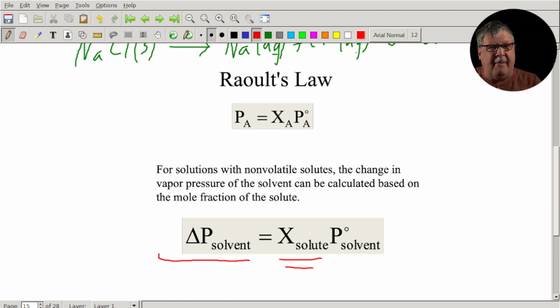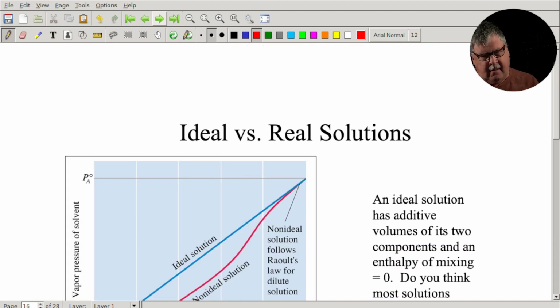We just got through talking about intermolecular forces, which debunks that idea. And so you say, wait a minute, I'm taking a real relationship derived from something that assumes ideal behavior, which is impossible. How well does it work? That's a reasonable question.